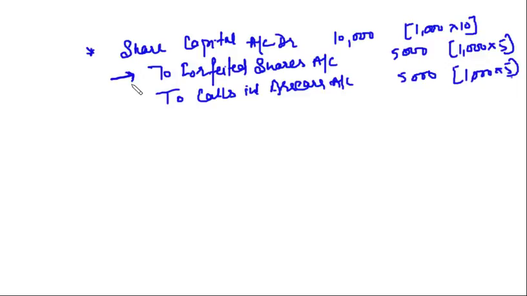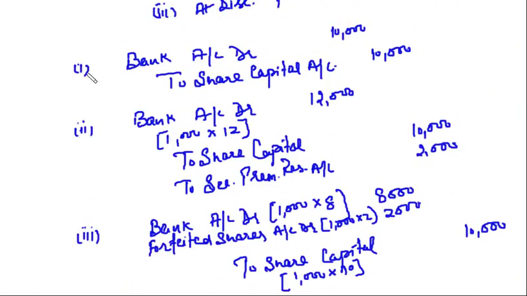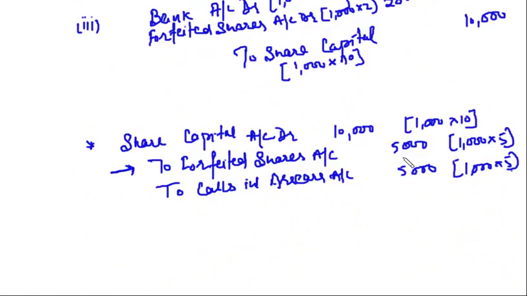Right? This much clear? Now, when you have reissued these forfeited shares, you have received the money again on these shares. You received 5,000 earlier, you were to receive 10,000. Out of 10,000, you received 5,000. You kept 5,000 in your pocket. Now you forfeited the shares. You take out 5,000 from one pocket and keep it in the second pocket.